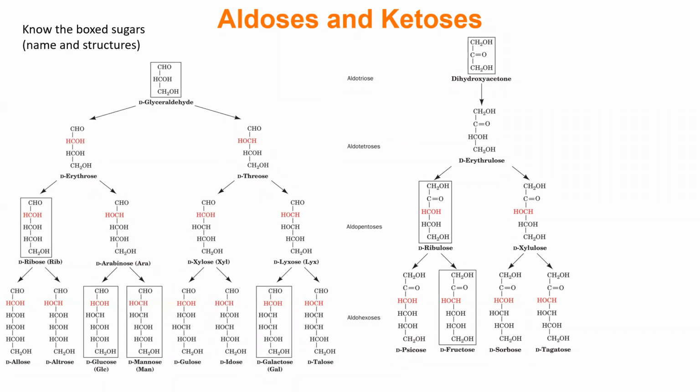And so on test 3, I'm definitely going to give you a structure and ask, what is the name of this sugar? Or I might give you a name and ask, what does the structure look like? But I'm only going to ask those for certain sugars, the sugars that are boxed.